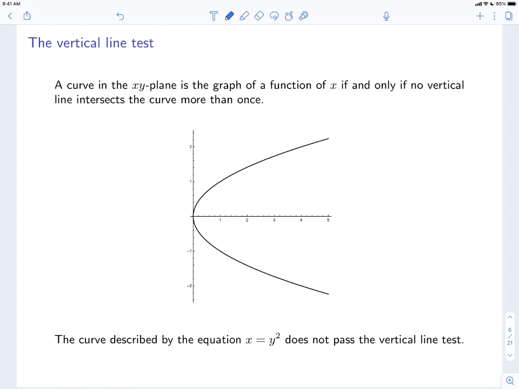If I pick an x value and then draw a vertical line, it may intersect the curve twice. Now, I say may because if I draw a vertical line for a positive value of x, you can see that it does in fact intersect twice.